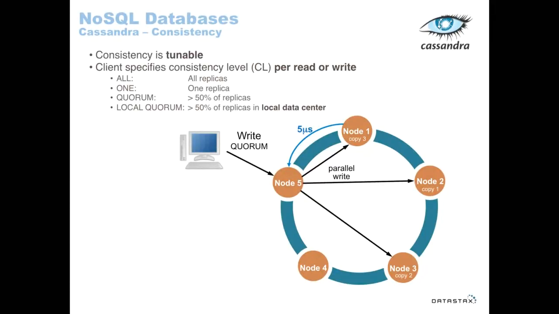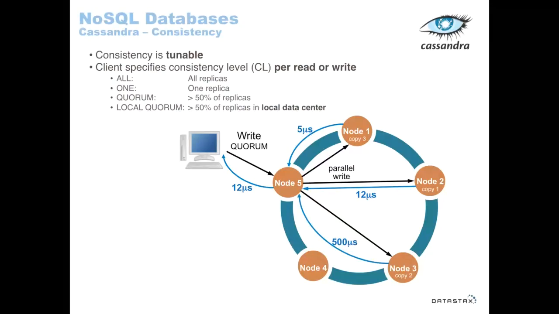It gets an acknowledgement back from node 1 in 5 microseconds, and an acknowledgement back from node 2 in 12 microseconds. At that point, we've reached a quorum, 2 out of 3. The acknowledgement goes back to the client, and then at some point, perhaps much later, an acknowledgement may come from node 3. So does that kind of answer your question?